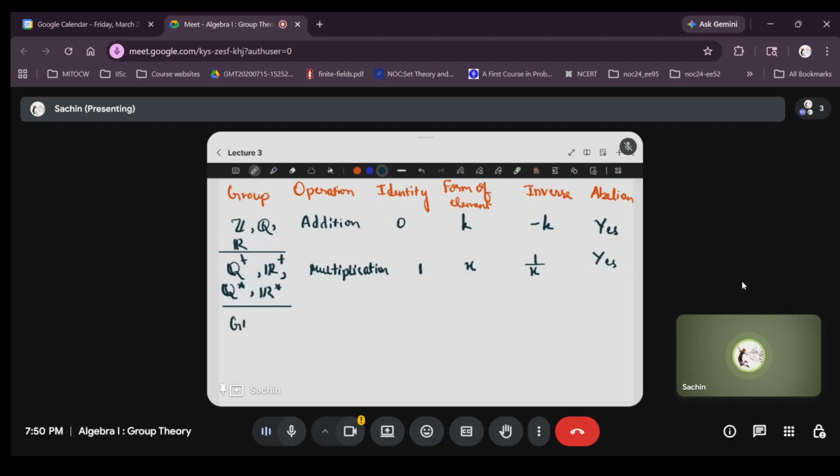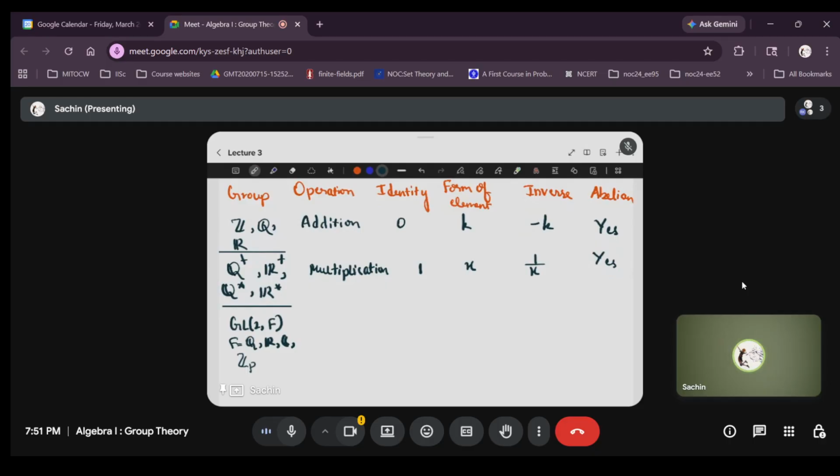Then we saw the general linear group of 2 by 2 matrices. I'll simply write F to mean any of, so F can be Q, R, C, or Z_p. So when it's a prime, I'll write it as Z_p.